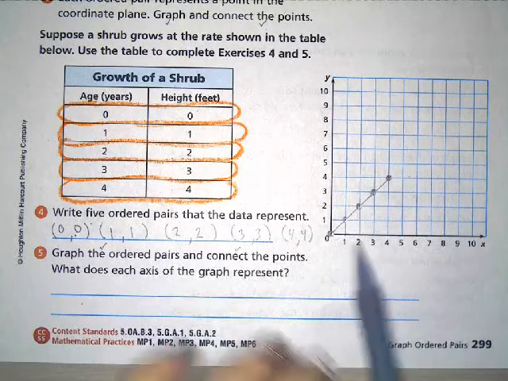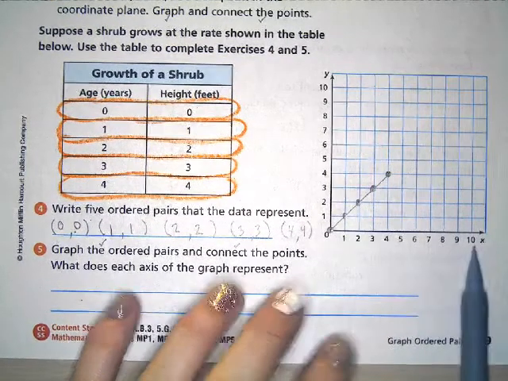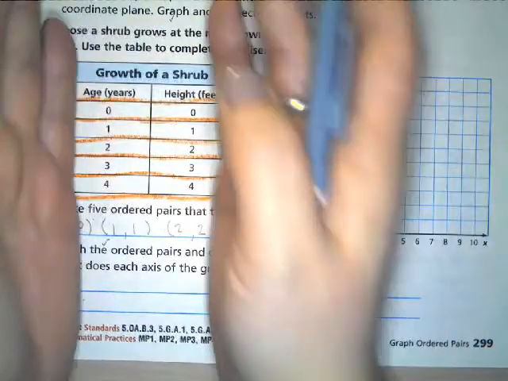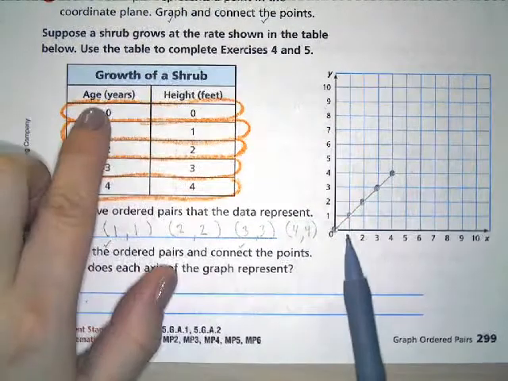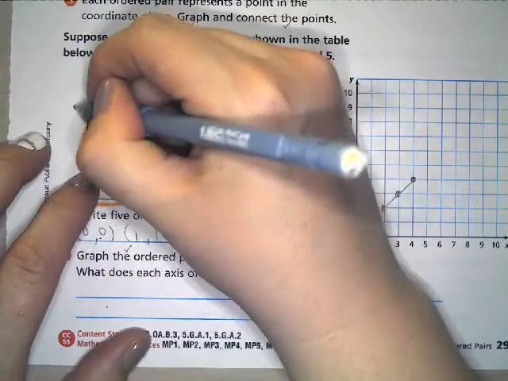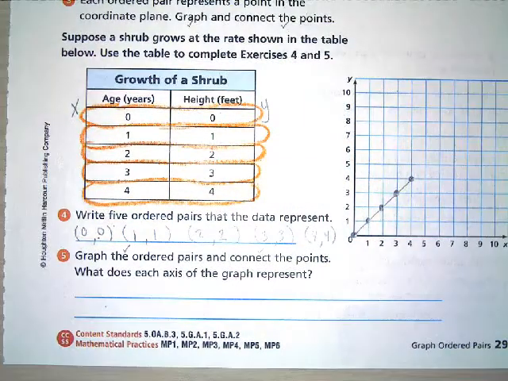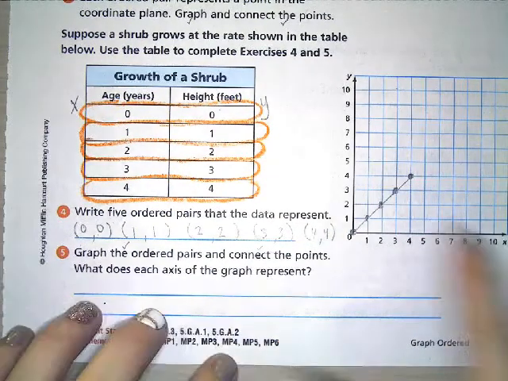So the question is, what does each axis of the graph represent? Well, I know this is the x-axis, but what is it? Like, it has to represent something from the information I was given. Remember how we talked about these numbers being x and these numbers being y?